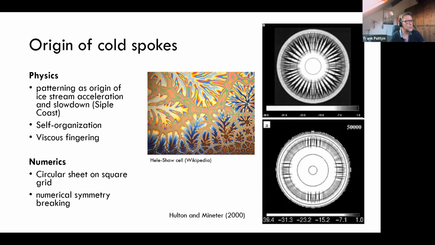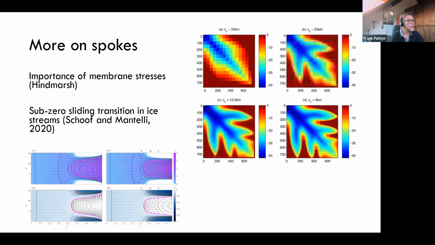And that experiment showed a lot of symmetry breaking and a lot of different responses of different models, which were probably numeric. And so Richard Hindmarsh, among others, looked at this more carefully and looked at the importance of membrane stresses in this whole thing, because all those models initially were shallow ice approximation models.